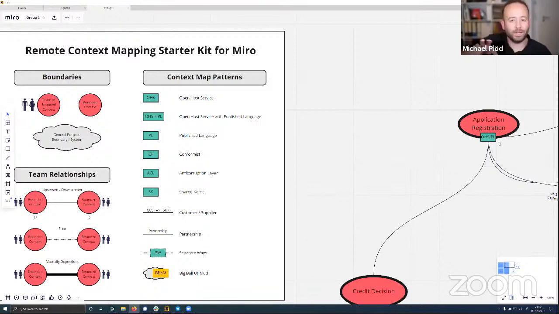I need to give credit to Vaughn in the text. He also has "often combined with published language", but in the images in his books, I haven't seen one open host service without a published language in any image.